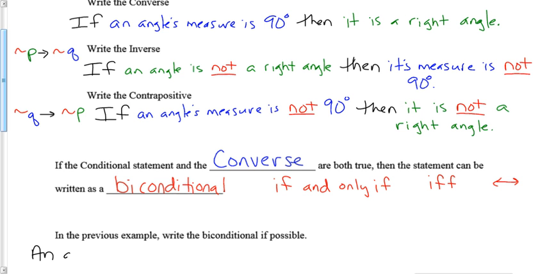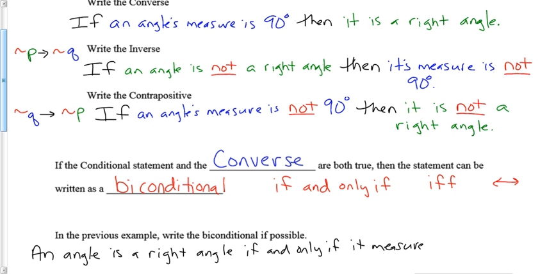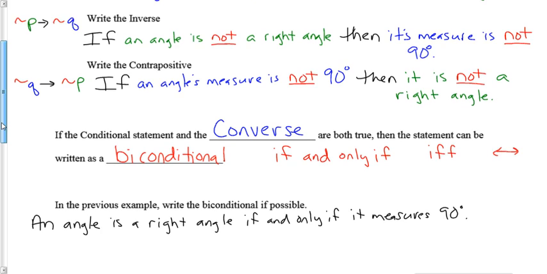An angle is a right angle if and only if it measures 90 degrees. So when I have the original statement as a true statement and the converse is a true statement, I can write that as a biconditional. That's the only time that you can do a biconditional statement.